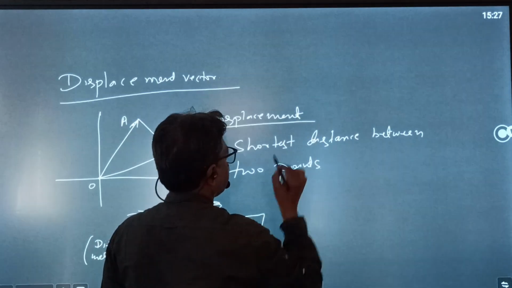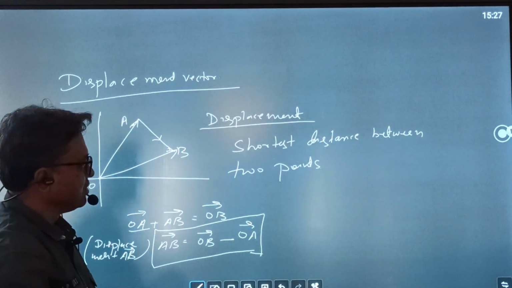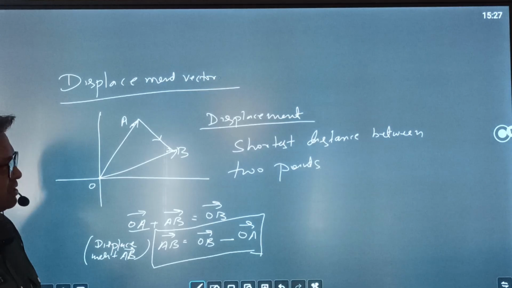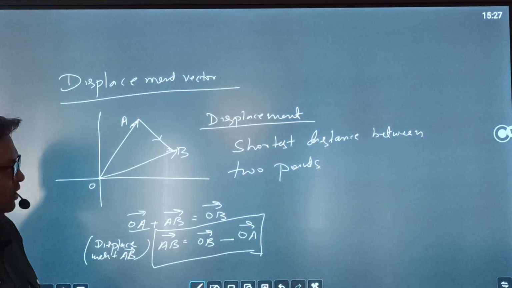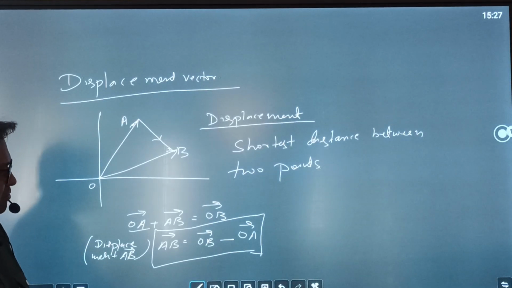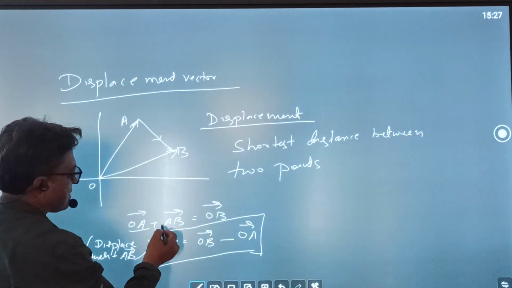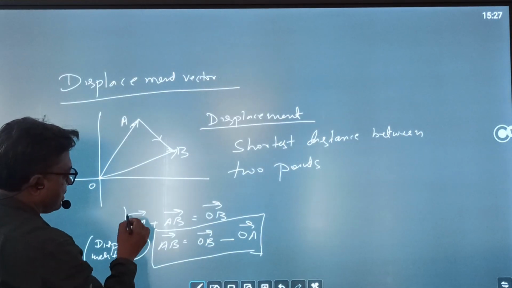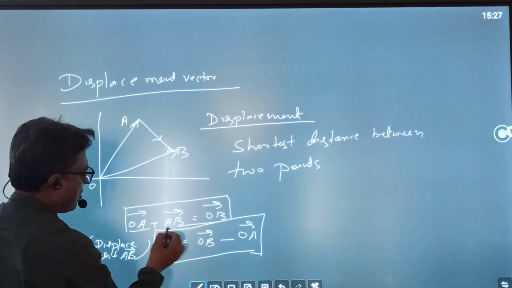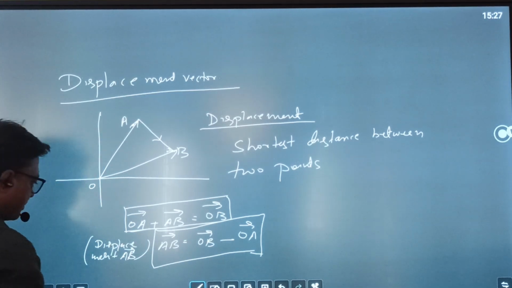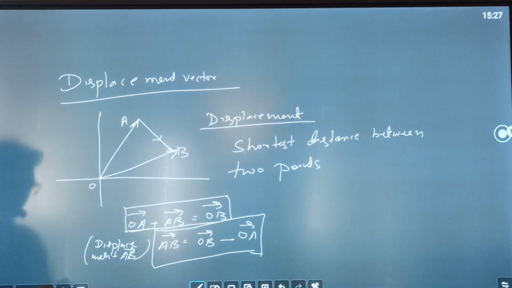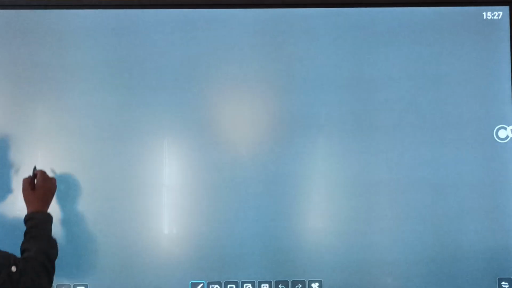So displacement between 2 points is nothing but the shortest distance between those 2 points. That is all about displacement vector, right? So this OA plus AB is equal to OB. This we can also say is the triangle law. So triangle law we can separately discuss in this way also.